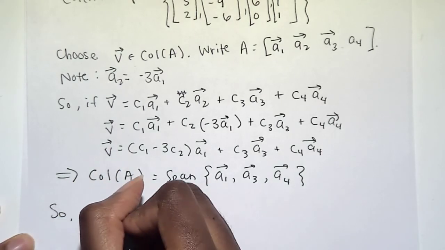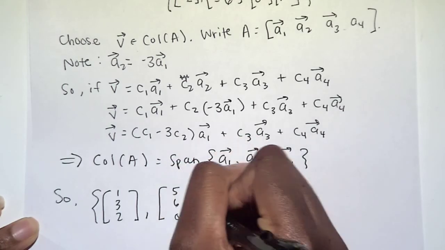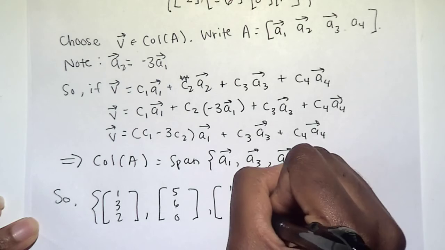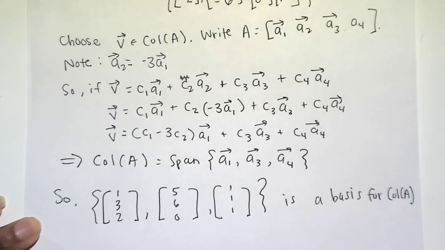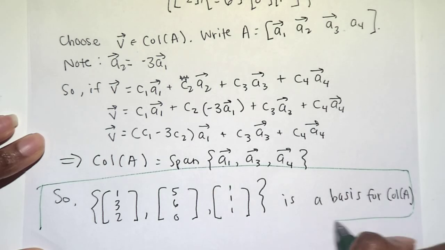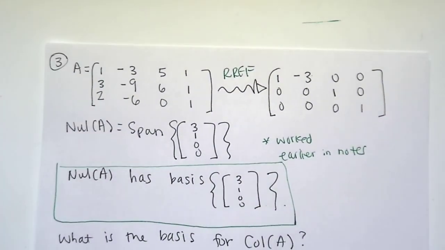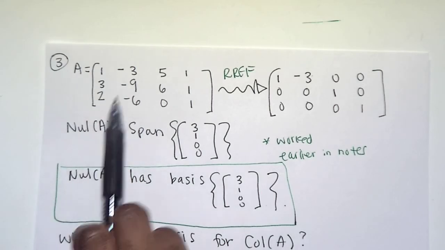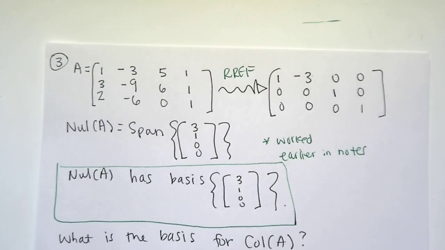So we can say 1, 3, 2, 5, 6, 0, 1, 1, 1 is a basis for the column space of A. Also, notice back up top at the original matrix when we row reduced it, these vectors we used actually correspond to the pivot columns of A. So it's the pivot columns of A that are going to represent our basis for our column space. So let's write that down.